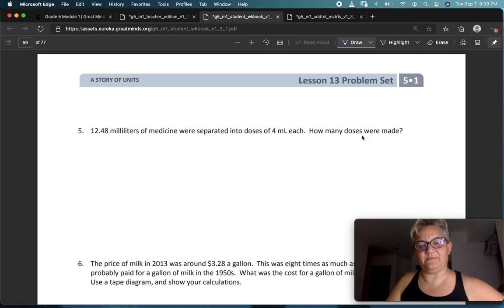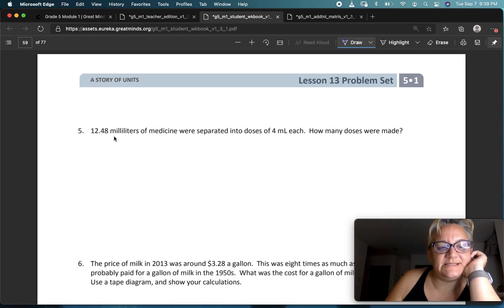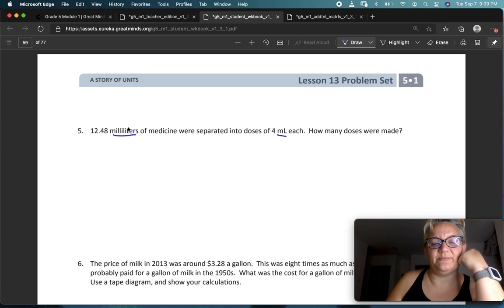How many doses were made? Okay, so this is milliliters and this is milliliters. They're both the same. They spelt this one out and they used the abbreviation here, but they're both milliliters.